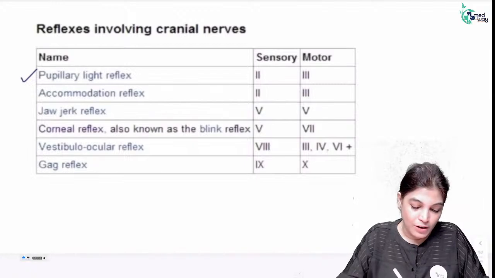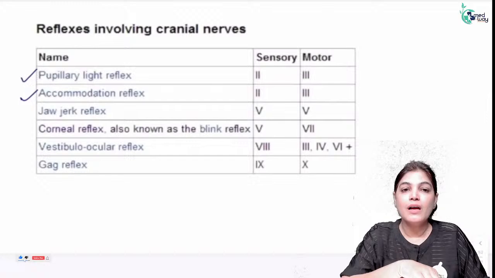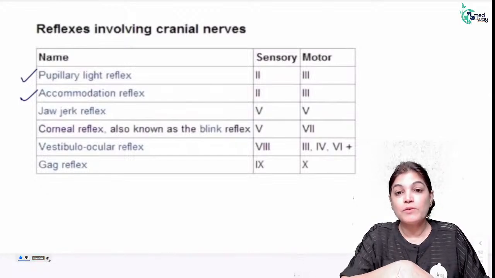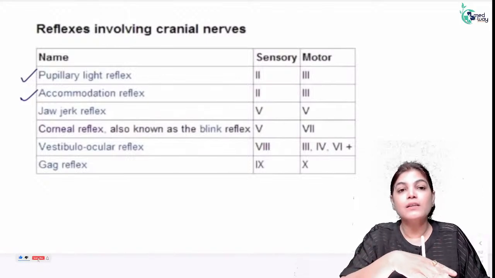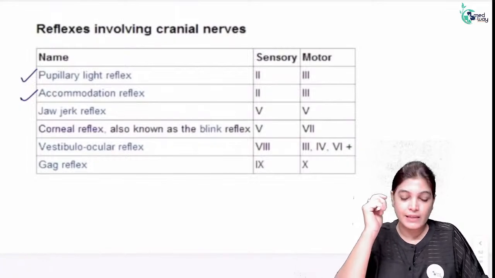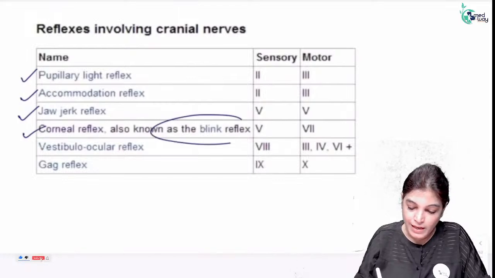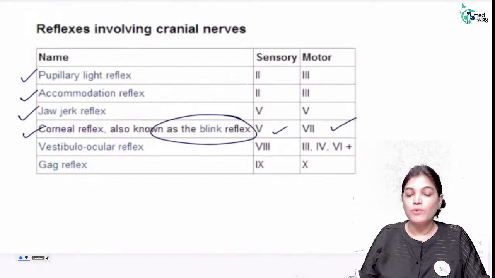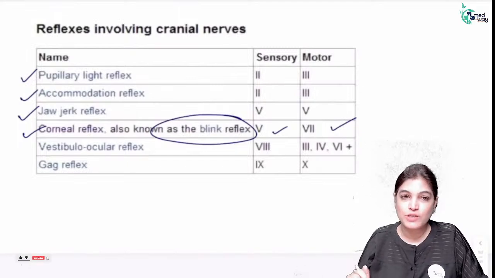If we talk about the accommodation reflex, where from distance to near vision the changes occur: constriction of the pupil, contraction of the ciliary muscle, and also convergence by the medial rectus muscle. So here also the second and third cranial nerves are involved. Jaw reflex, the trigeminal nerve. Corneal reflex, called the blink reflex, involves the trigeminal and the facial nerve.